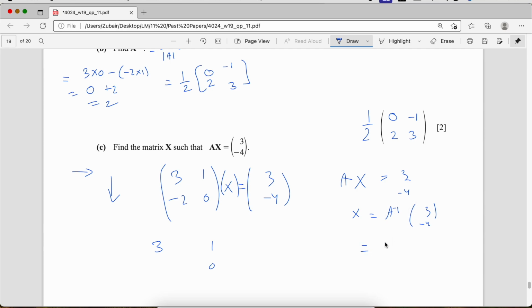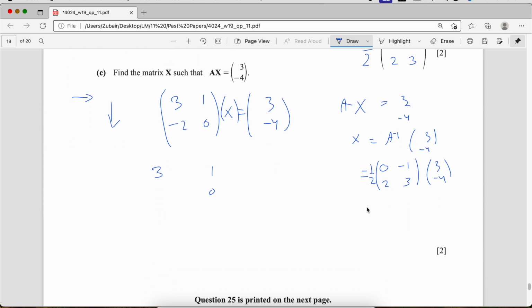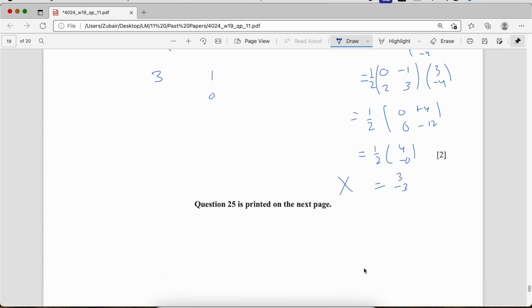Yeah, that is more convenient and easy. 1 by 2 stays outside. I'm multiplying these two matrices. I will deal with 1 by 2 later. First into first is 0, row into column plus 4, and then that's 2 into 3 is 6 minus 12, that's 1 by 2 of 4 and minus 6, so that's 3 and minus 3. So X is equal to (3, minus 3).